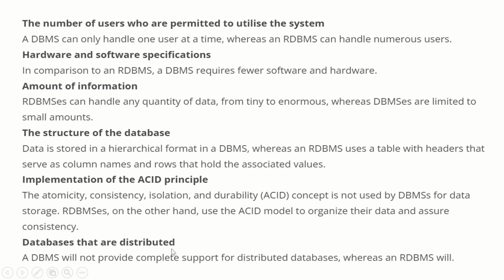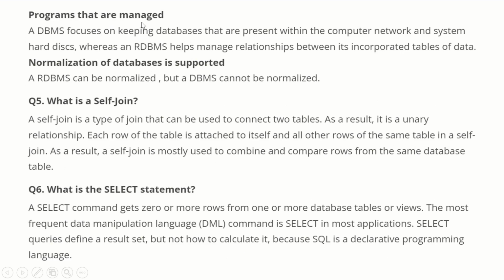Databases that are distributed: a DBMS will not provide complete support for distributed databases, whereas an RDBMS will. Programs that are managed: a DBMS focuses on keeping databases that are present within the computer network and system hard disks, whereas an RDBMS helps manage relationships between incorporated tables of data.